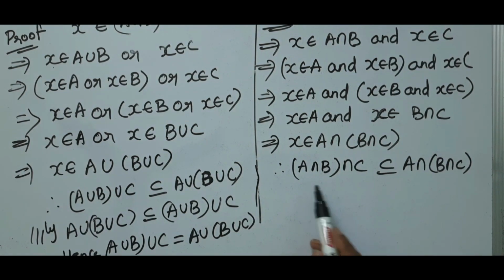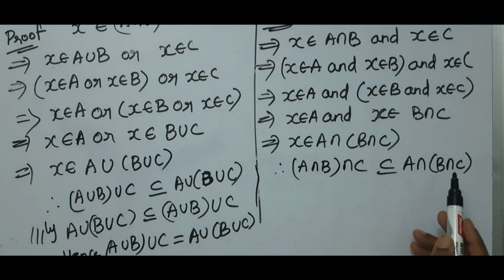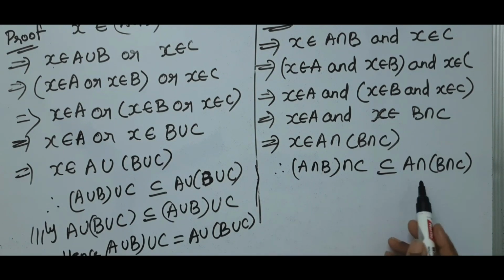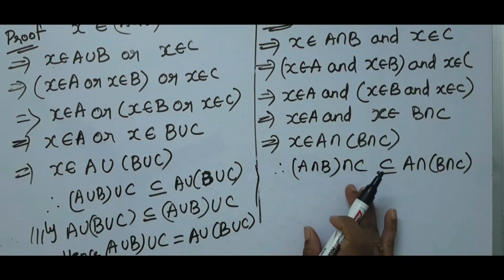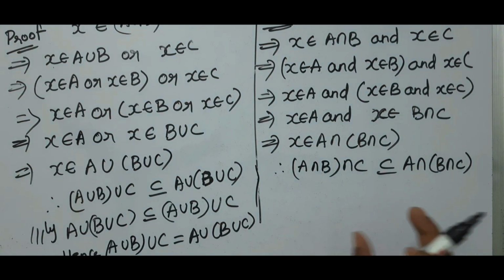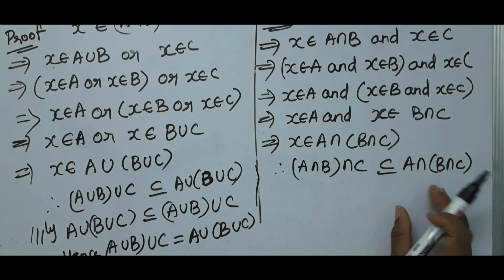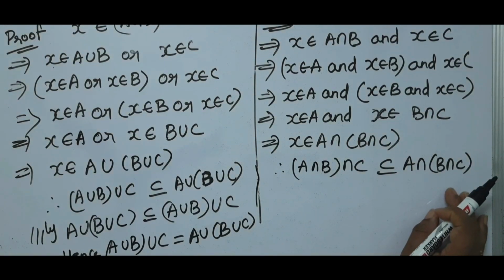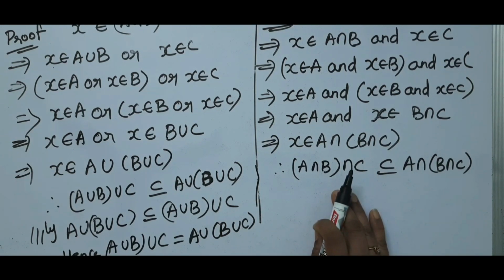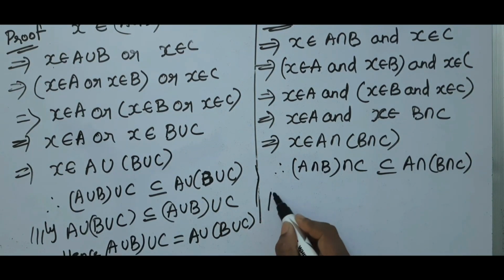Is it not? Then only we can say that A intersection B intersection C is equal to A intersection B intersection C. As the sets are same, when you find the intersection of this, you will get a set of elements same as the elements which are in this. So no need to take other element and prove that the element is in this set. It is clearly understandable.